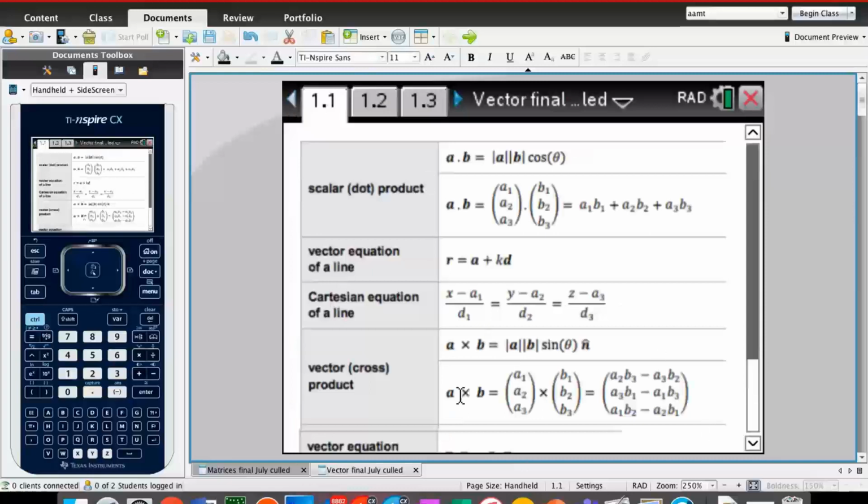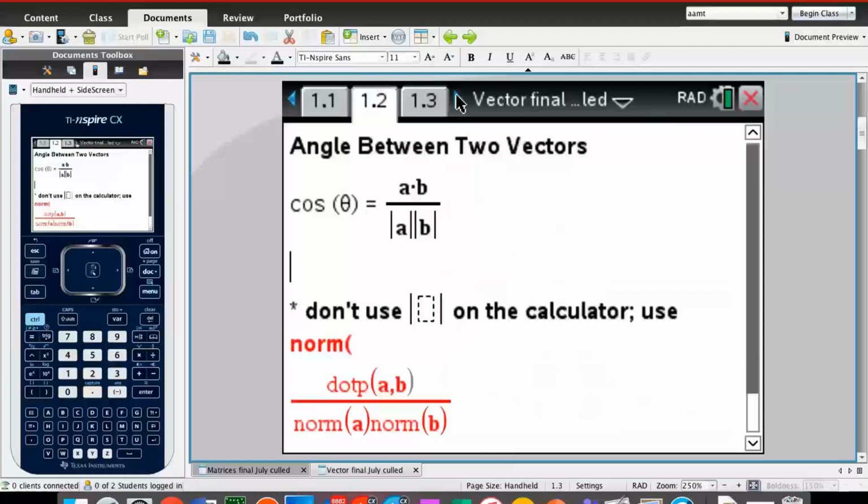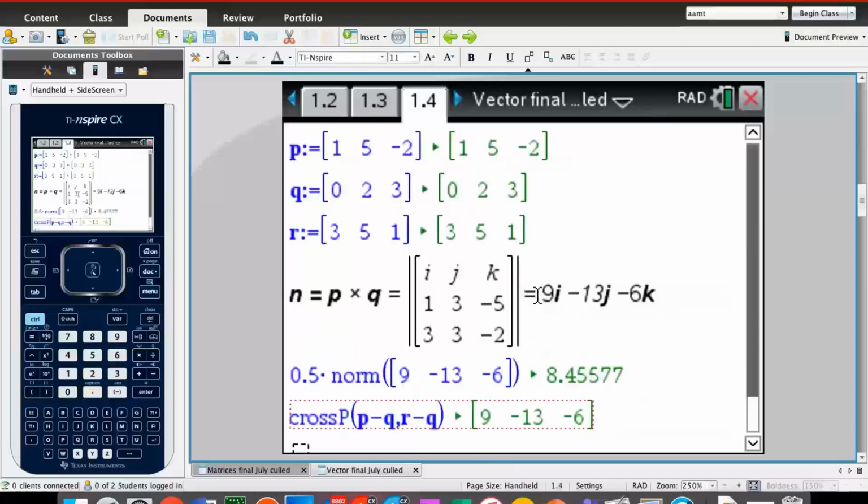So if we have forgotten everything, we can use the two vectors, and A2B3 minus A3B2 is the I coefficient. The next one's the J, and the next one is the K. So if we use the formula sheet, we should end up with -9I minus 13J minus 6K.